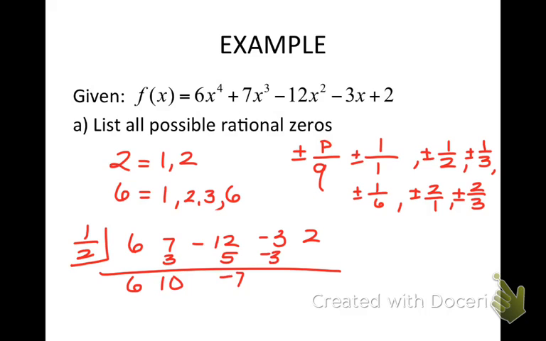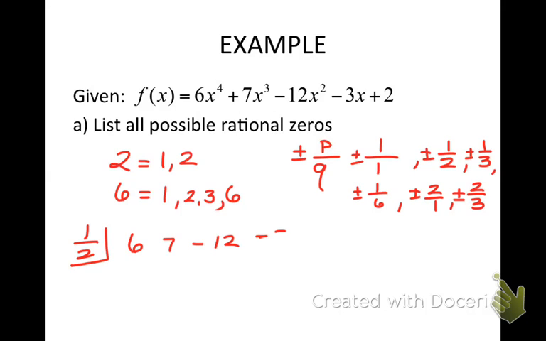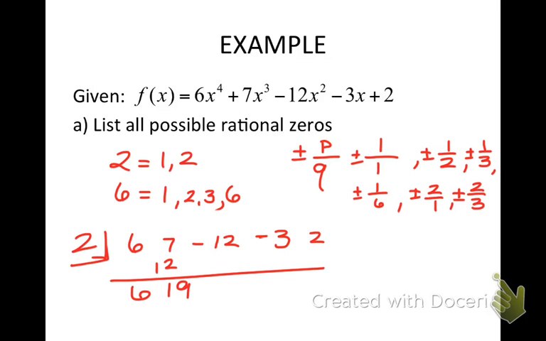2? Negative 3, 2. We're going to go with 2. So 6, 12, 19. Oh, this is getting kind of large. 19 would be 38. What if we tried negative 2?